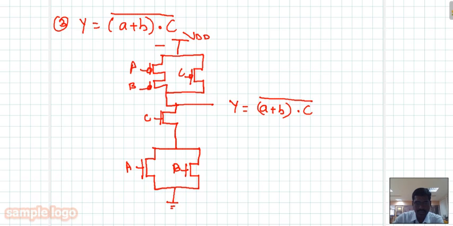So here Y equal to (A plus B) into C whole bar.